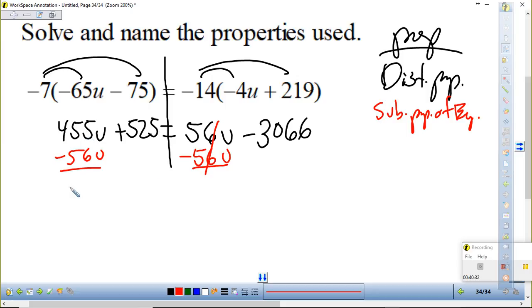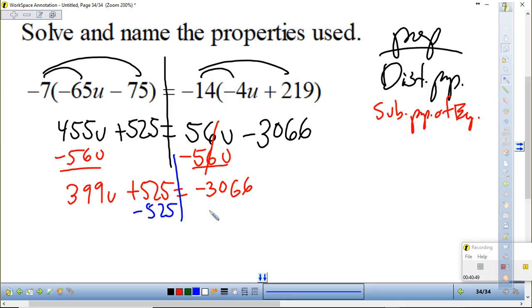So we're left with what? 399u plus 525 equals negative 3,066. What do I do from there? Subtract 525, subtract 525. We're left with 399u equals negative 3591. Yeah? Is that correct?